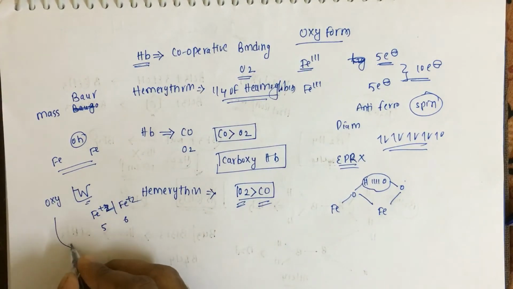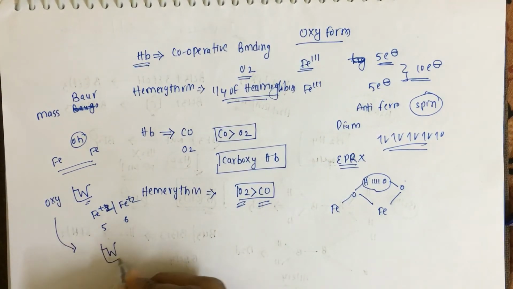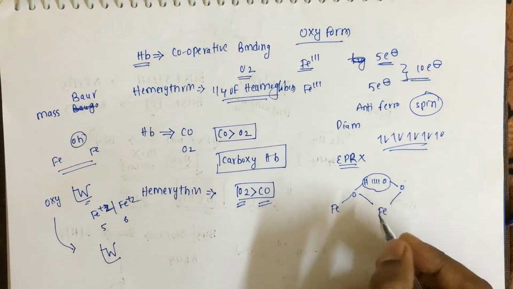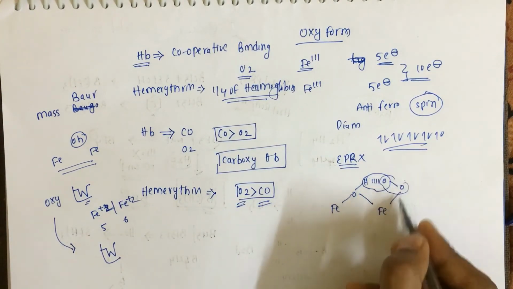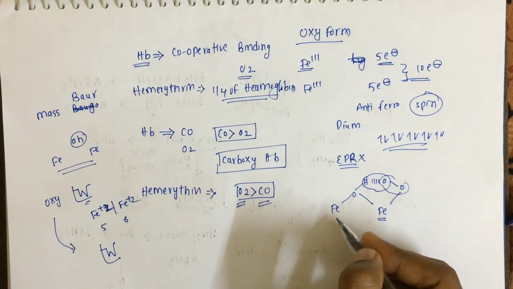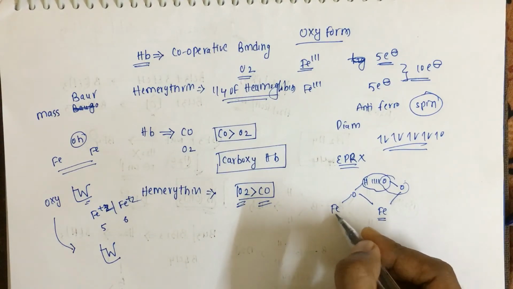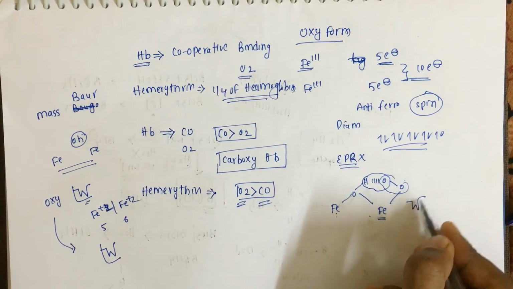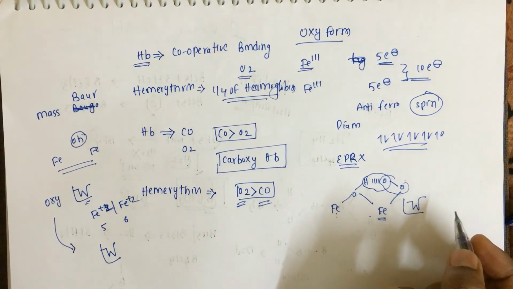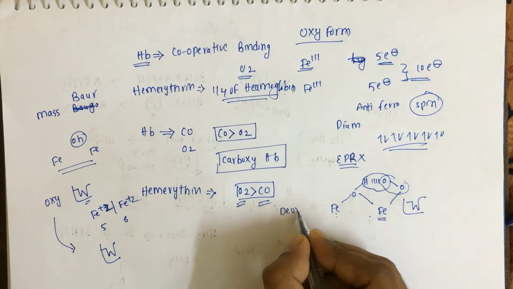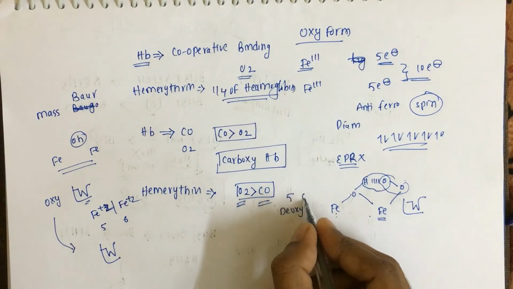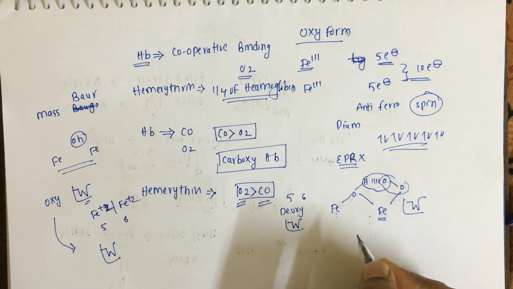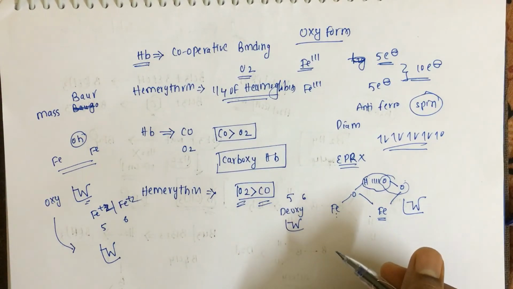For oxy form also we get a doublet, because as we have seen, oxygen is binding to only one iron atom, not to the other iron atom. So these two iron atoms are different, and here also we can expect a doublet in Mossbauer spectroscopy. In the case of deoxy form also, because one is 5 coordinated and the other is 6 coordinated, we can expect a Mossbauer doublet.